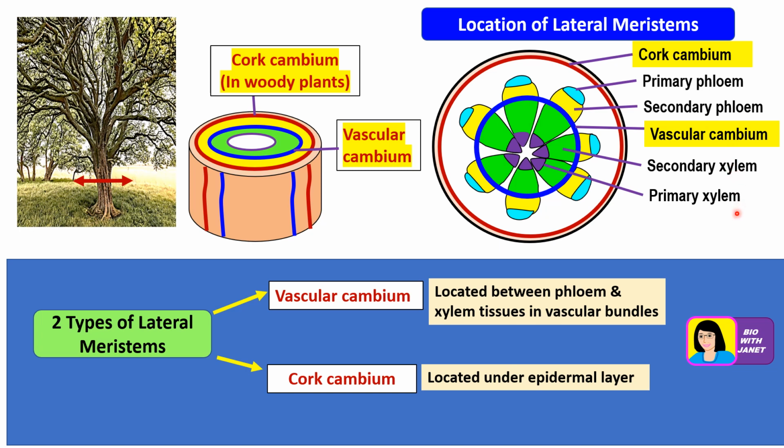This is for a tree that has undergone secondary growth. So the two types of lateral meristems are the vascular cambium, which is located between the phloem and the xylem tissues in the vascular bundles, and the cork cambium, which is located under the epidermal layer, that means behind the epidermal layer.